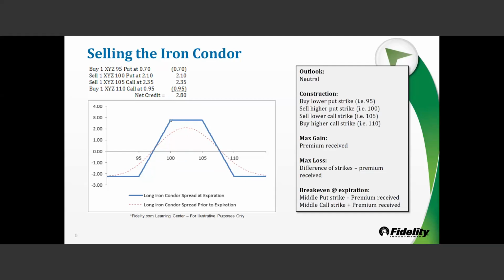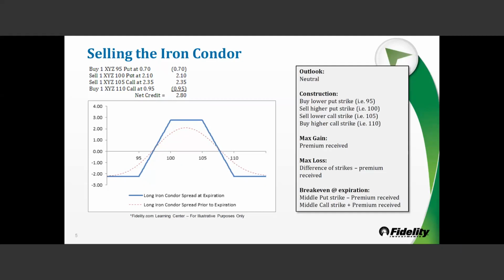See, if you look at this transaction, here on the put side, you bought something for 70 cents and you sold something for 210. So you got about $1.40 out of this, out of $5.